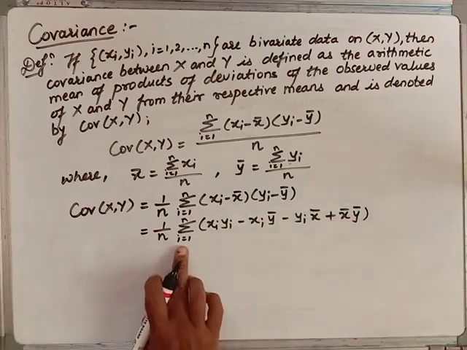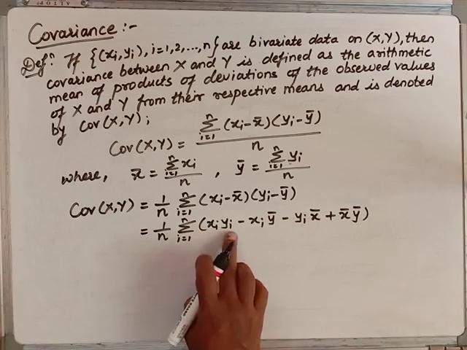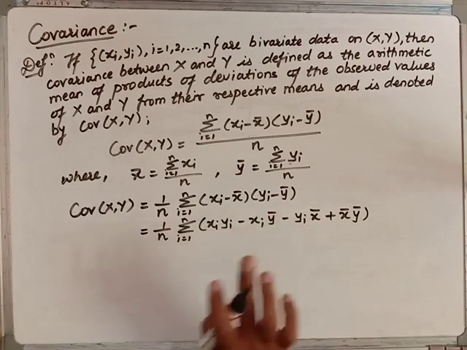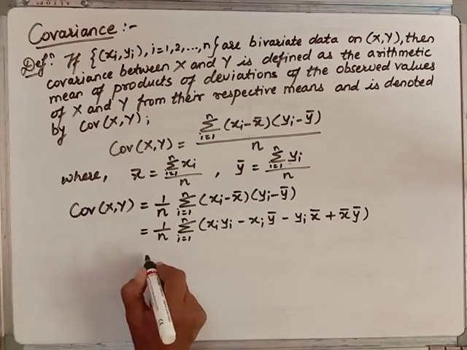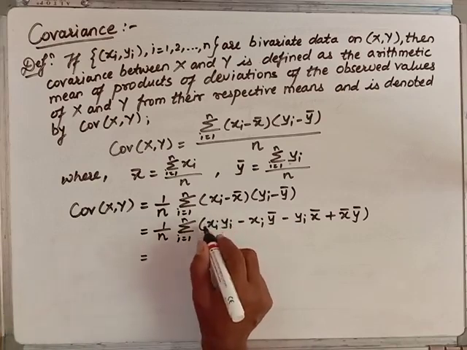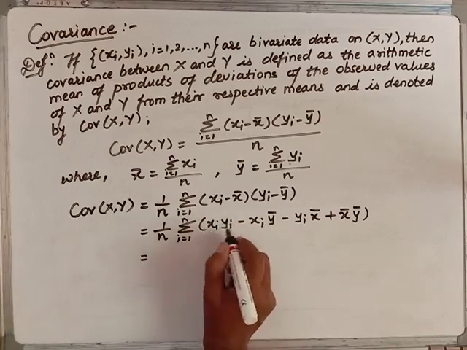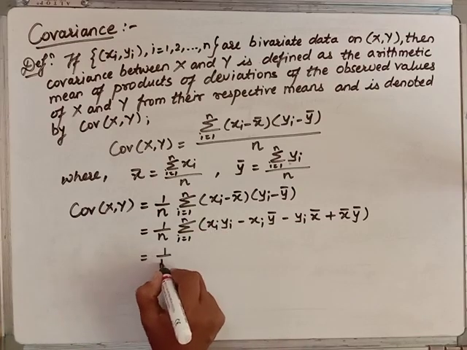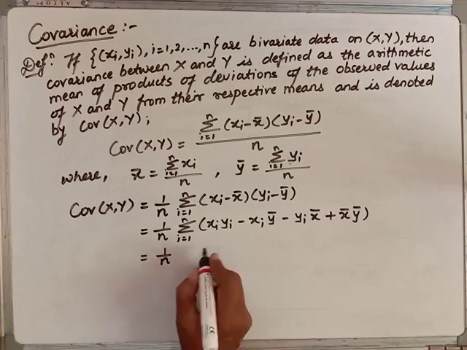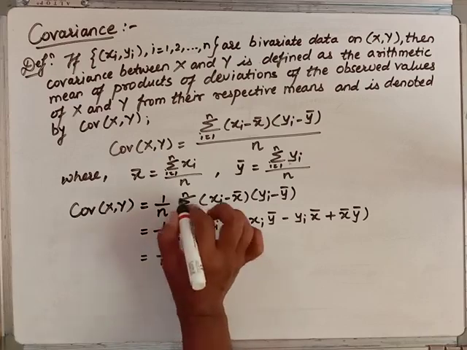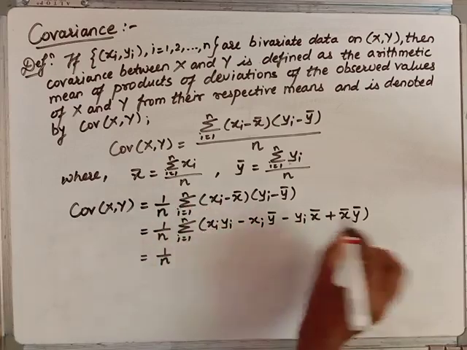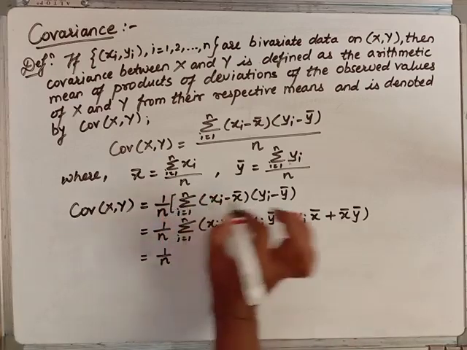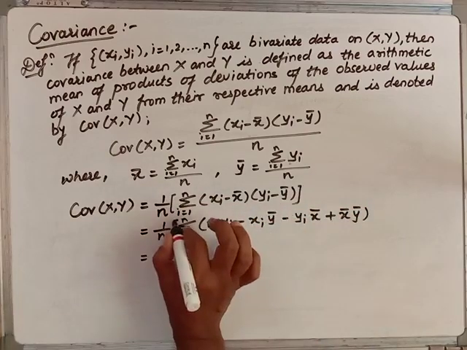Now this summation will be applicable wherever i occurs. Fine. Now if I apply summation here, it doesn't affect the 1 upon n, and this 1 upon n is multiplied to the whole sum. Here we can give such a bracket also.